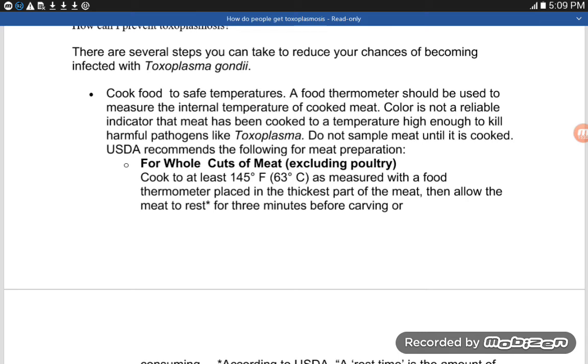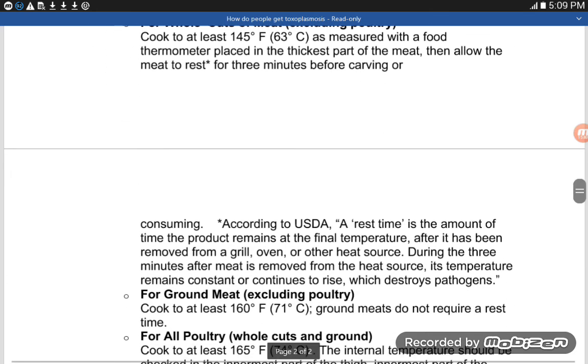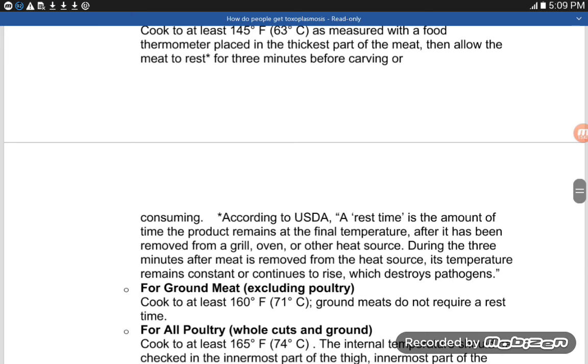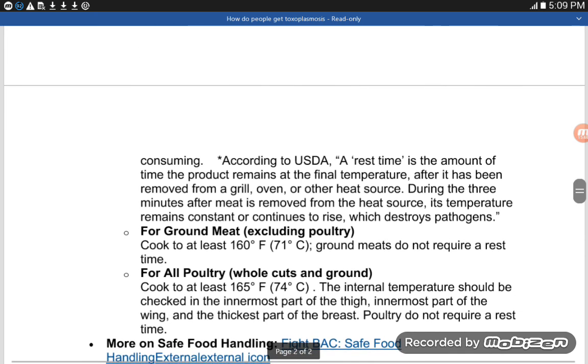Then allow the meat to rest for 3 minutes before carving or consuming. According to the USDA, rest time is the amount of time that the product remains at the final temperature after it has been removed from a grill, oven or other heat source.